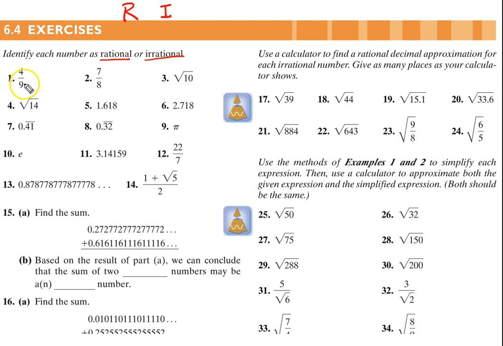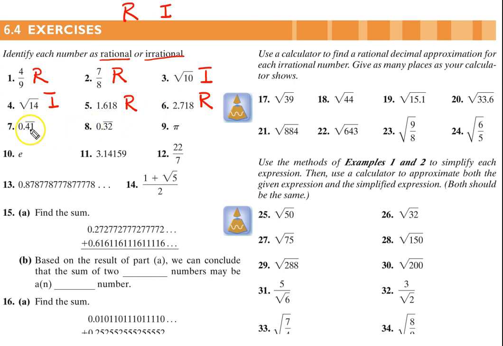So here, this is a traditional fraction. This is rational. Traditional fraction, rational. This is a radical. It's not a perfect square, so it's irrational. Not a perfect square, a radical, irrational. This is in its decimal form, and it terminates, so it's rational. Decimal form terminates, rational.